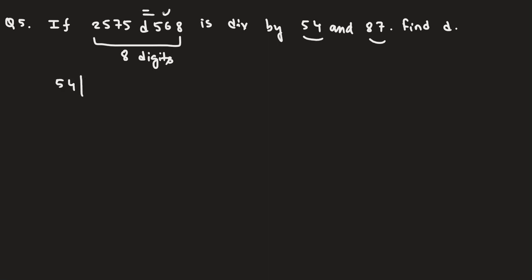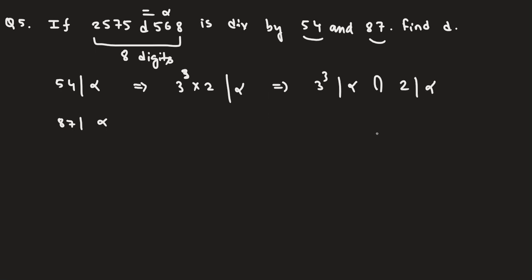If I call this number alpha, 54 divides alpha, at the same time 87 divides alpha. But now 54 is nothing but 27 into 2. That means we can write 3 to the power 3 into 2 divides the number alpha. So according to the theorem, 3 to the power 3 divides alpha, and at the same time 2 divides alpha. So therefore alpha should be an even number.